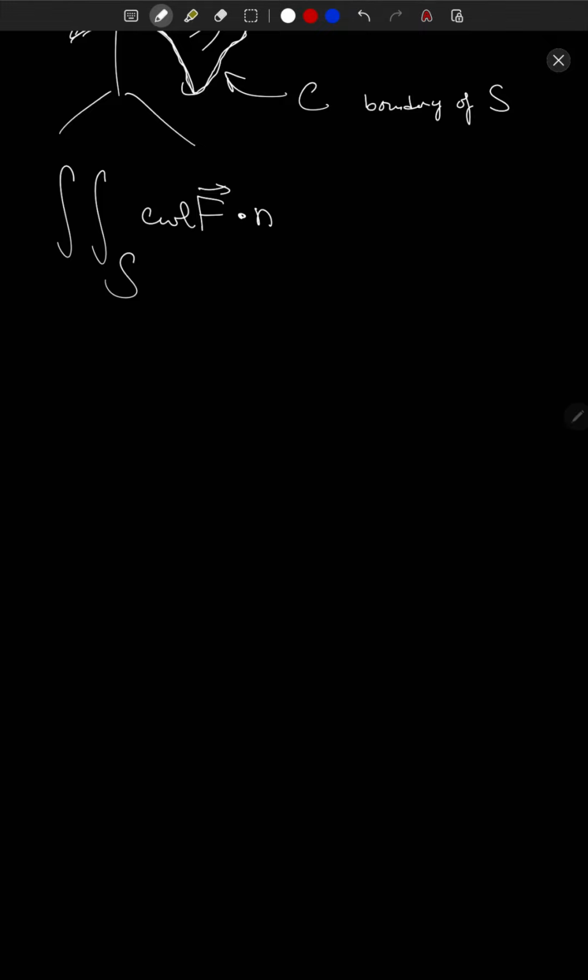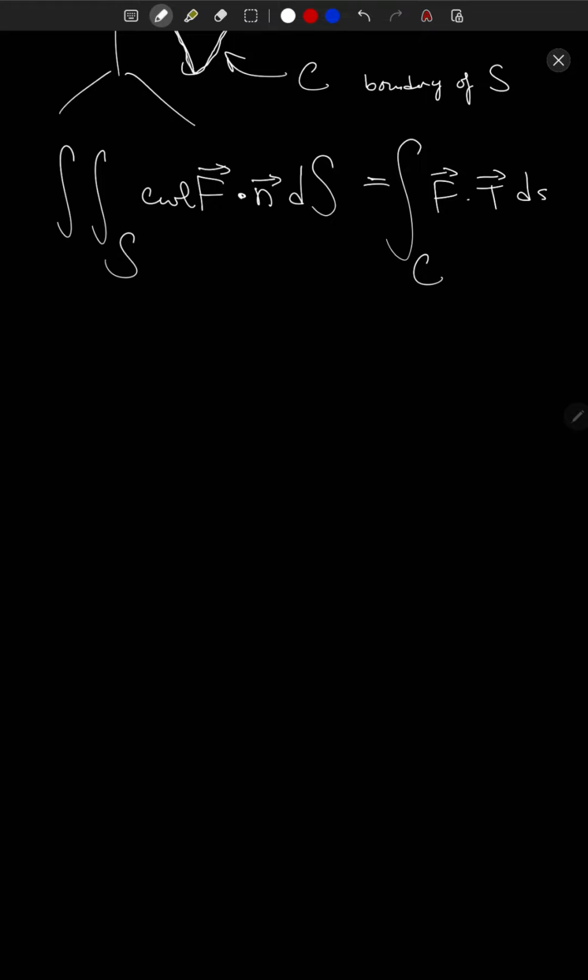So what does make sense is this, curl F dot n dS. Essentially, you could say this is the flux of the curl across S, because remember, vector field dot n dS is the flux across the surface in the direction n. The theorem says that this is equal to the integral on the boundary of F dot T ds.